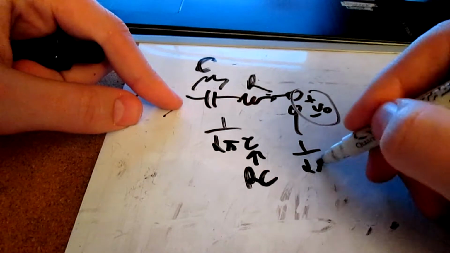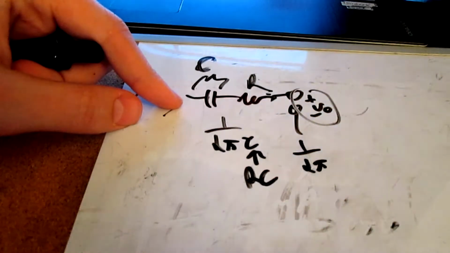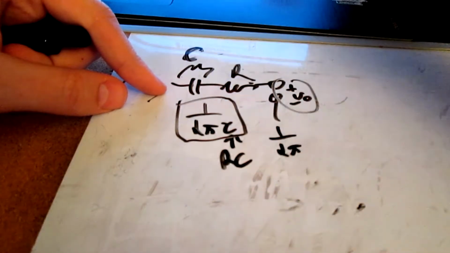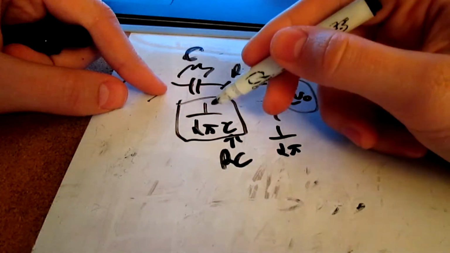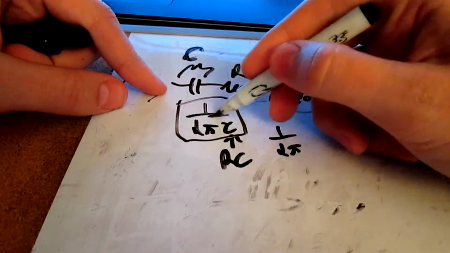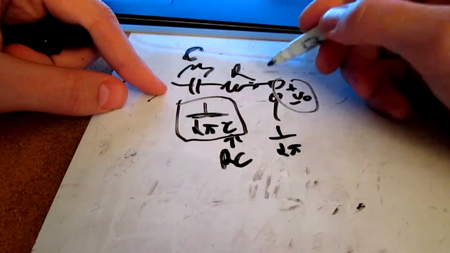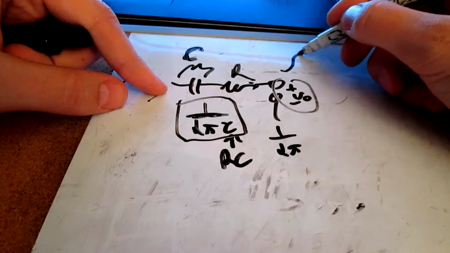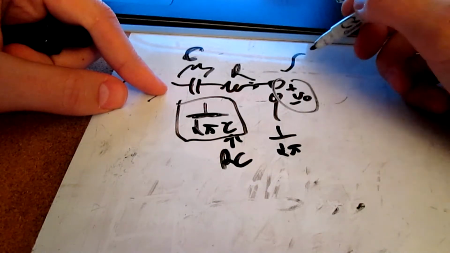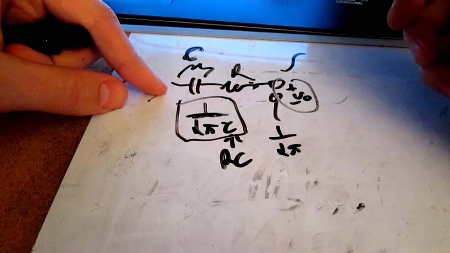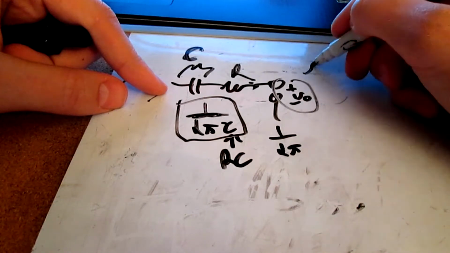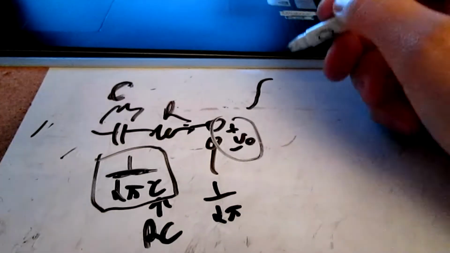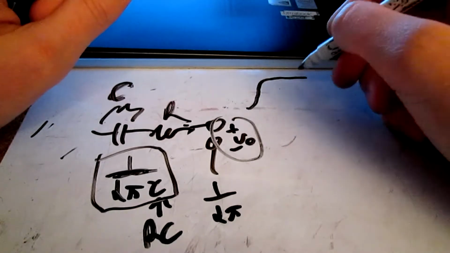So we have 1/2 pi, and this is our characteristic frequency, also known as the 3 dB frequency. Since we're working with a high pass filter, this will be the lower 3 dB frequency. Now the 3 dB frequency is also known as the break frequency.